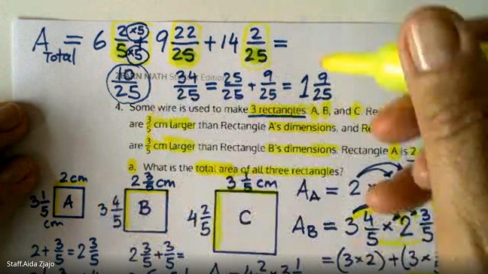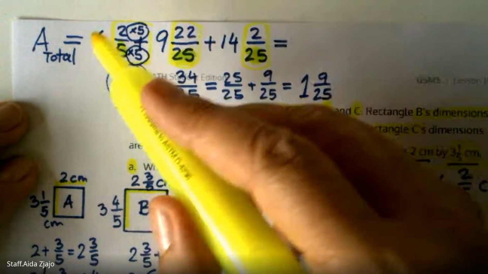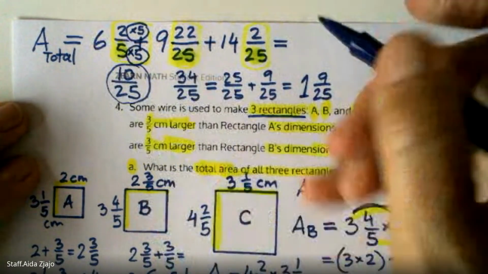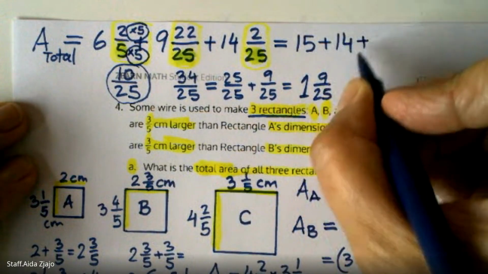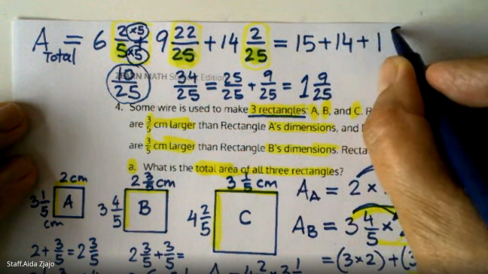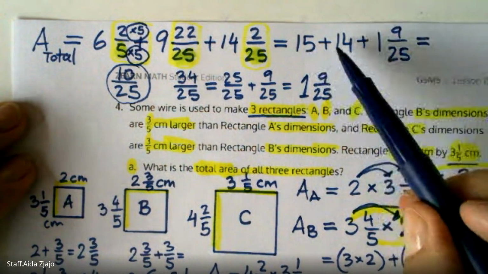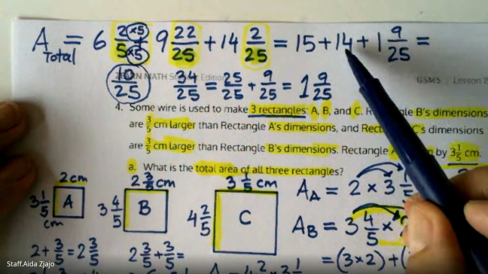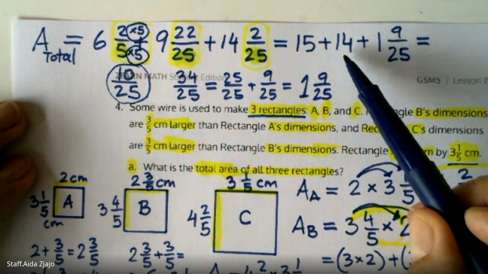So now I'm going to add these together. So it would be 6 plus 9 is 15 plus 14 plus this 1 and 9/25. So 15 and 1 is 14 and 1 is 15. 15 and 15 is 30.